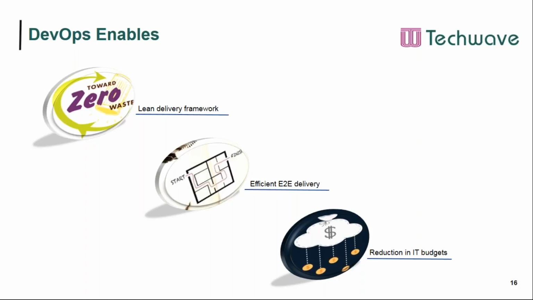Continuous delivery will enable streamlined governance and will reduce time to market and make end-to-end delivery more efficient. And this can also be achieved through increased focus on automation, continuous integration, continuous deployment, and developing more continuous testing smart automation frameworks.